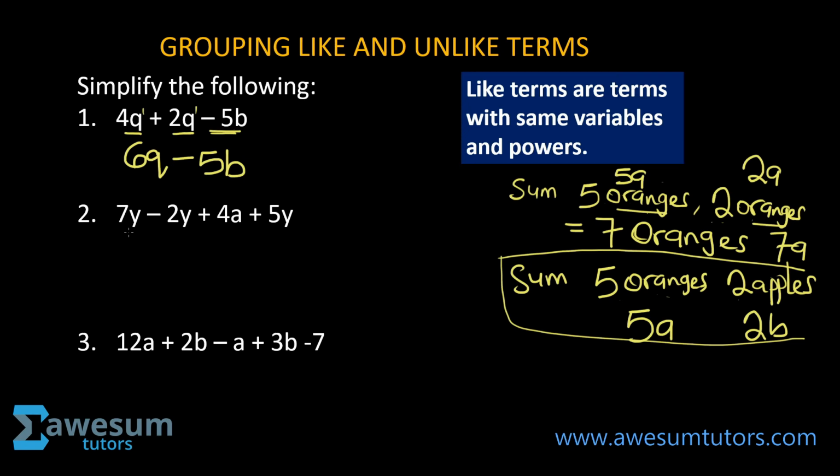Okay, let us take a look at this second example. 7y minus 2y plus 4a plus 5y. The first thing you want to do right now is to collect your like terms, that means bring like terms together.